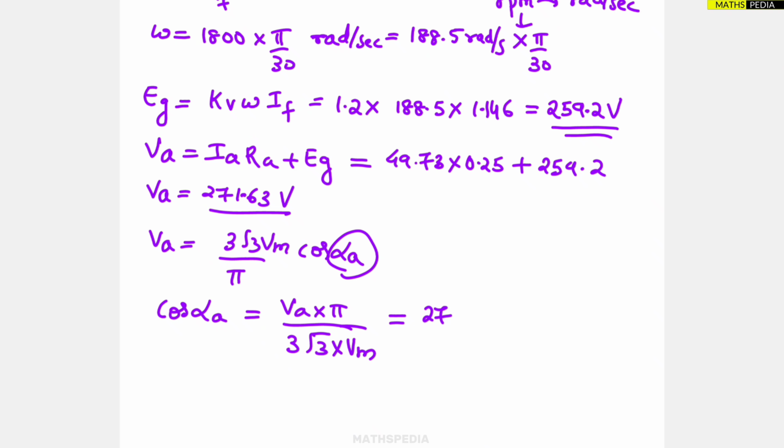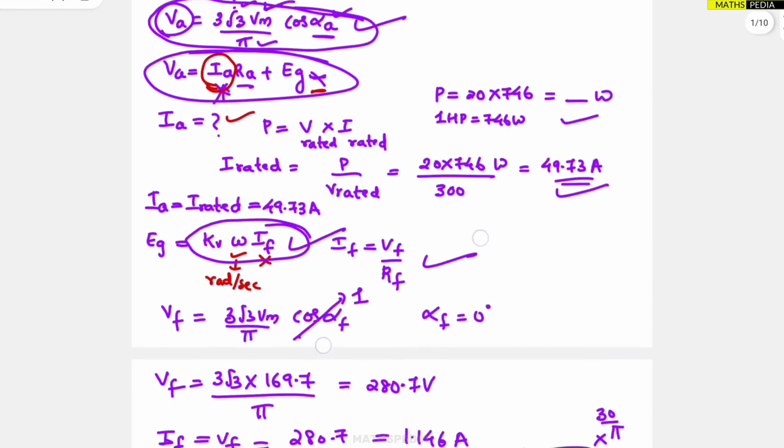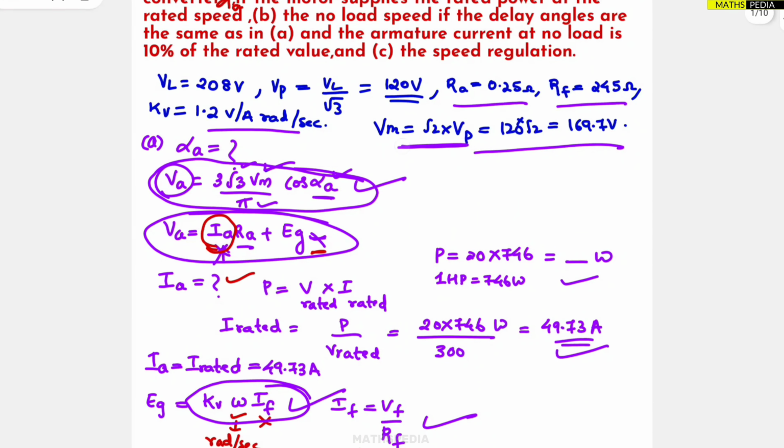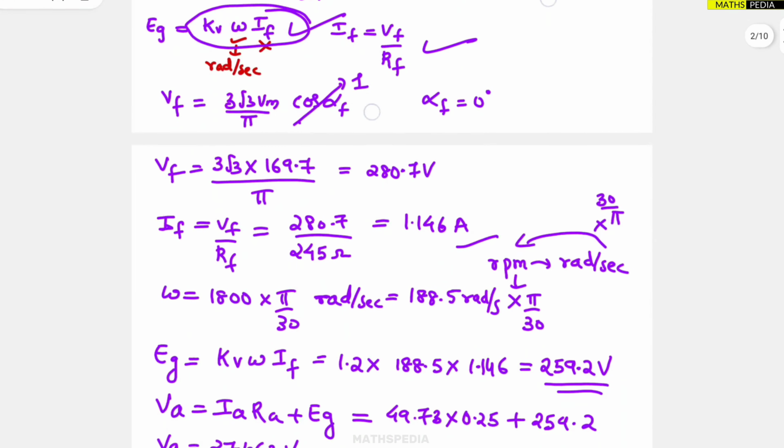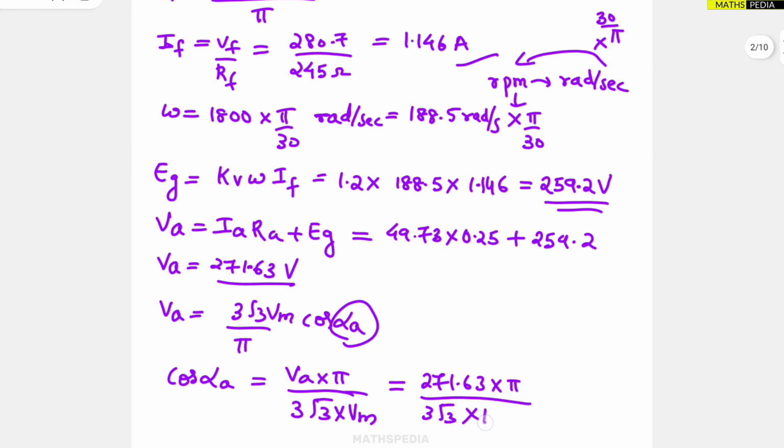Just now we got 271.63 into pi divided by 3 root 3 into Vm. What is Vm now? Vm we just calculated: whatever the V phase is, we multiplied with root 2 and got 169.7.